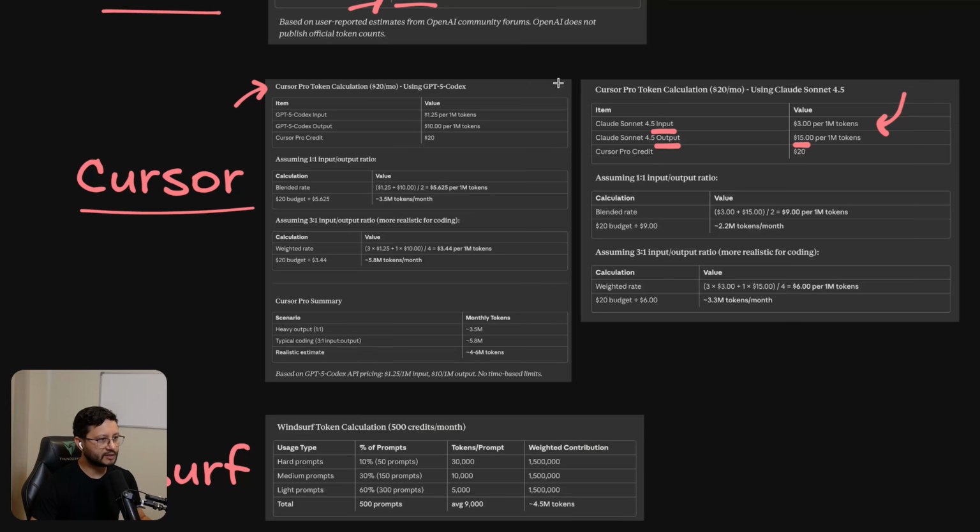Now, I've separated these two cards because one is using GPT-5 Codex and the other one is using Claude Sonnet 4.5. If you calculate the amount of tokens you can use based on the API price for each, you'll get really different results, because GPT-5 Codex is much cheaper than Claude Sonnet 4.5. If we're using the GPT model, we'll get around 4 to 6 million tokens.